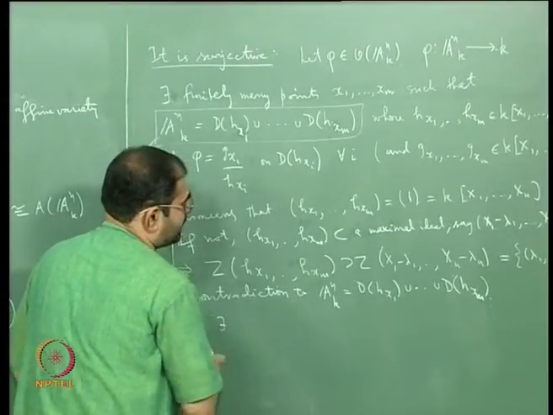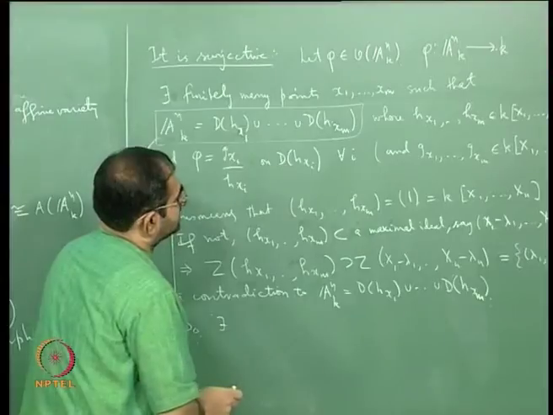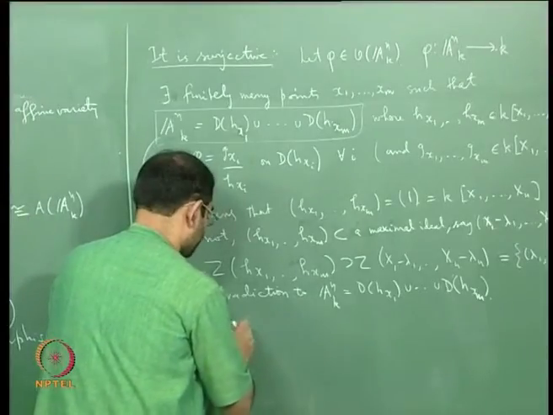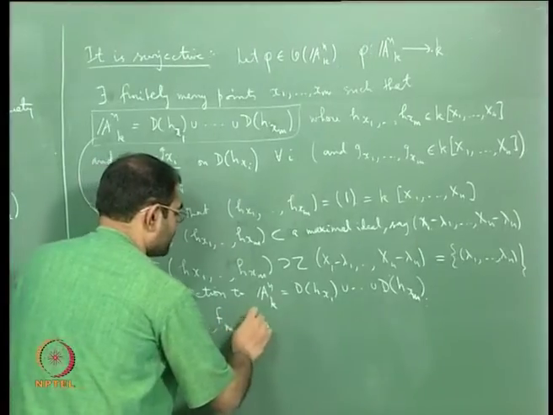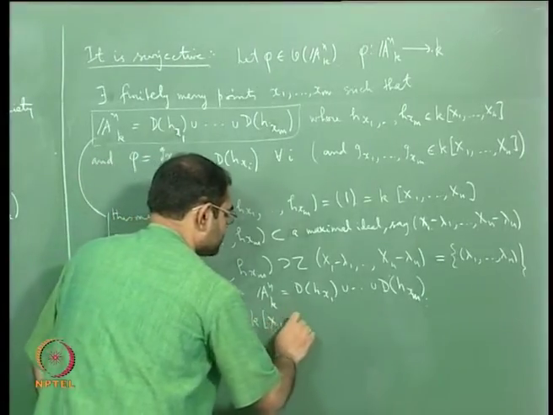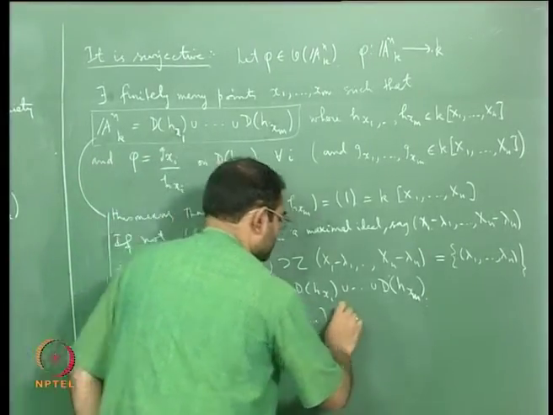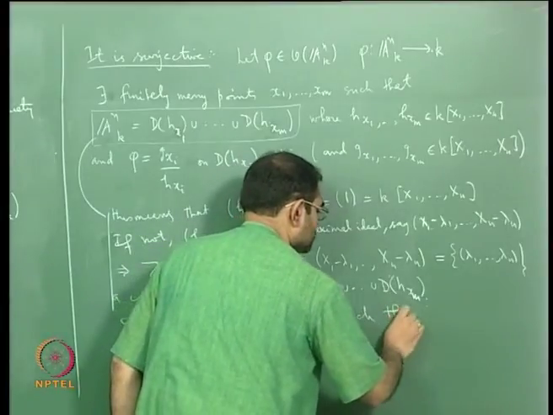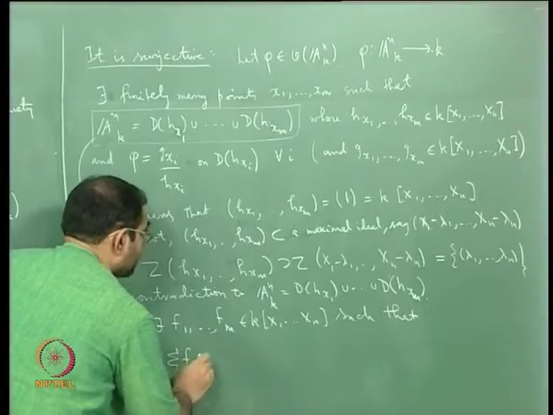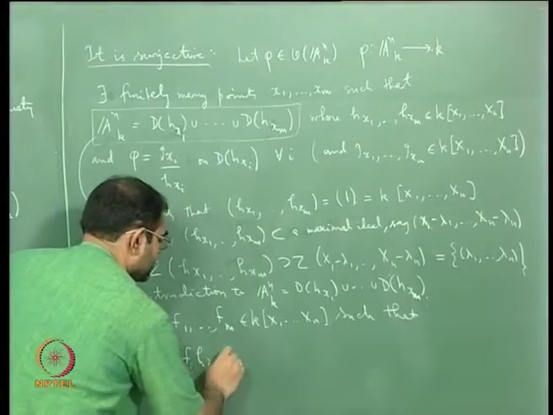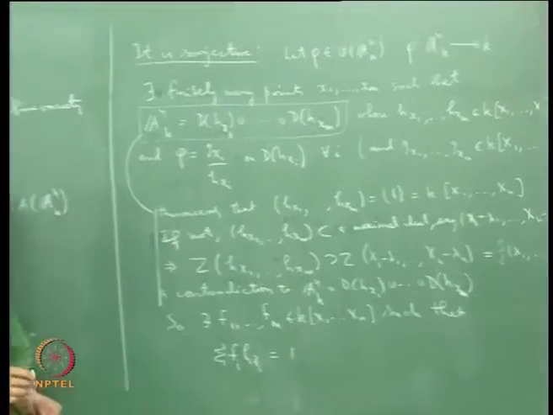So what it will tell you is that there exists, you know, let me give some other names. Okay, so let me use f's. So there are f1 etc. fm polynomials in n variables such that sigma f_i h_xi is equal to 1. I get this.